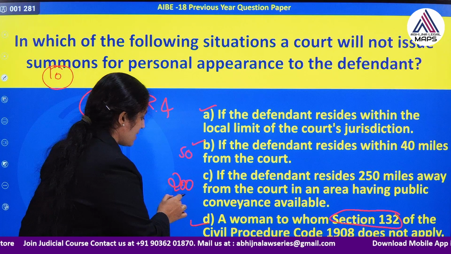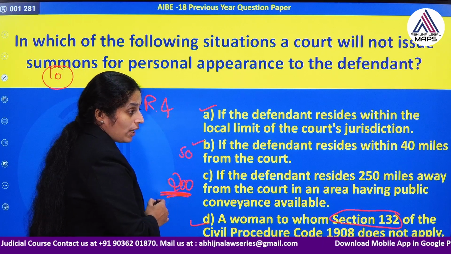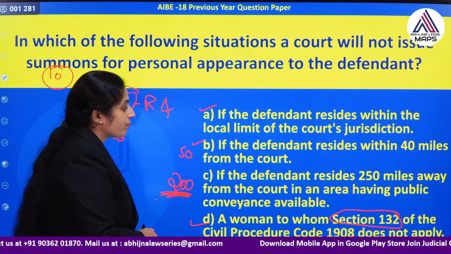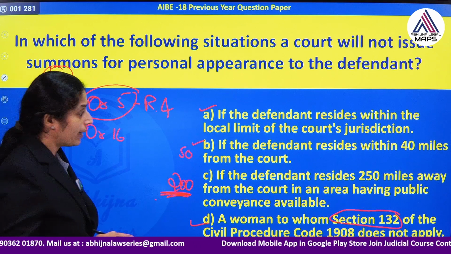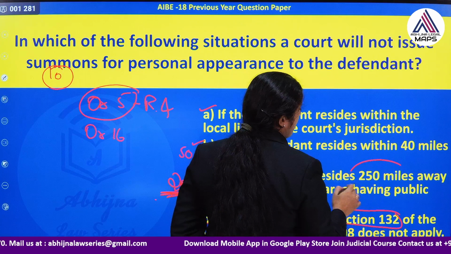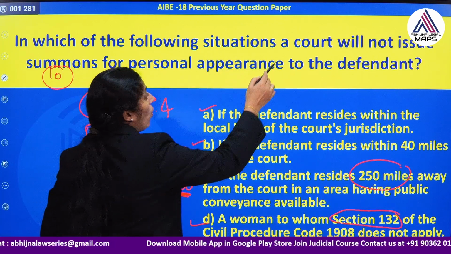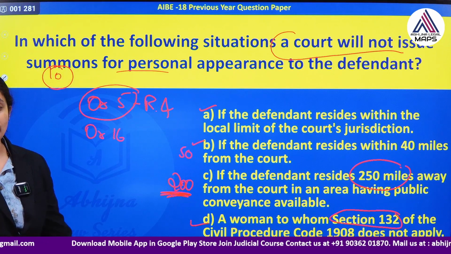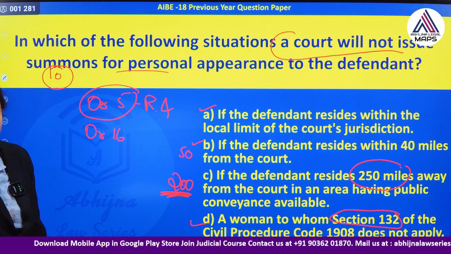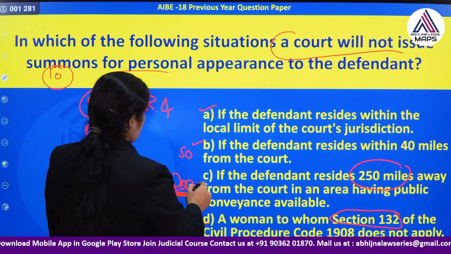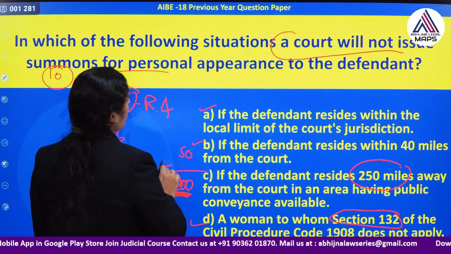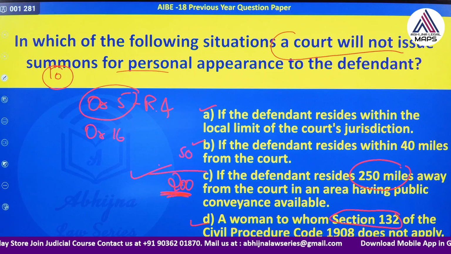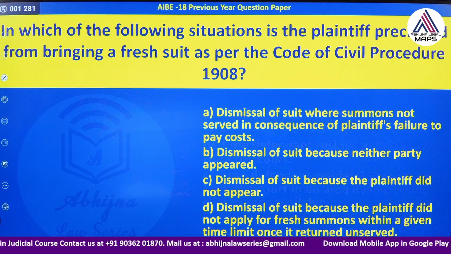But here we can see only if it is within 200 miles, only then summons can be issued. But here as it exceeds 250 miles, that is why the court cannot summon the defendant for personal appearance. Okay. So, answer is C. C is the correct answer, where court cannot issue summons for personal appearance to the defendant.